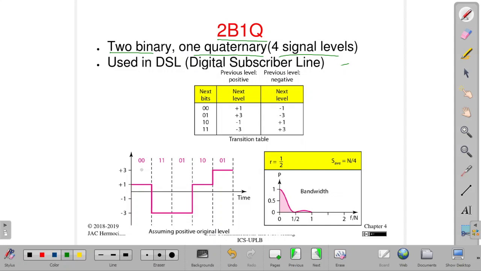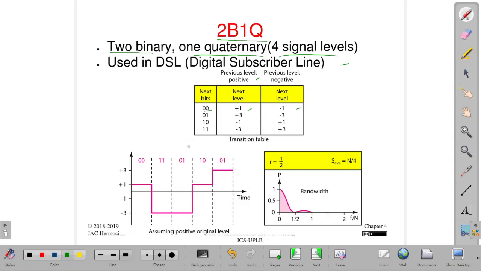Here's an example. We have a lookup table actually. If the next bits are these, then the signal level will be these values depending on the previous level.